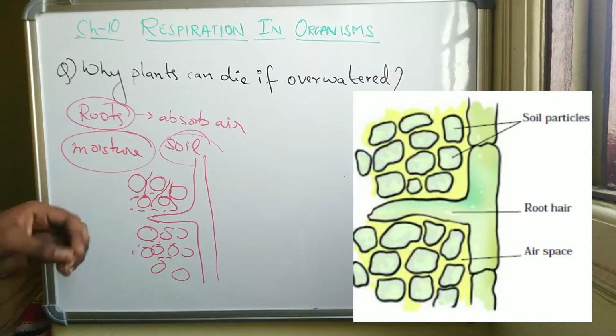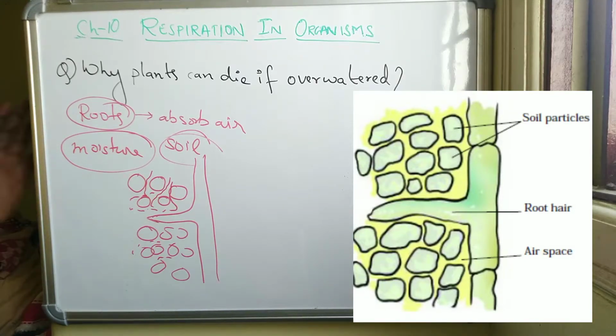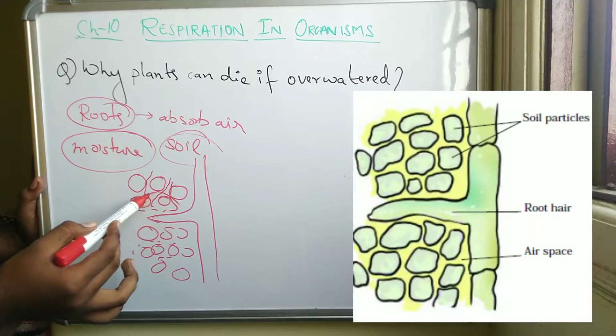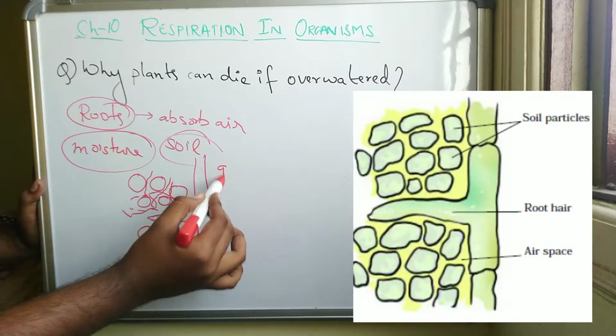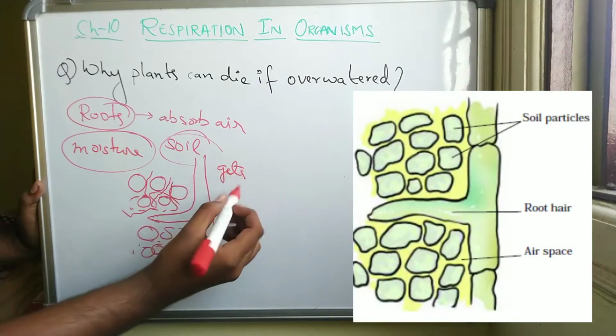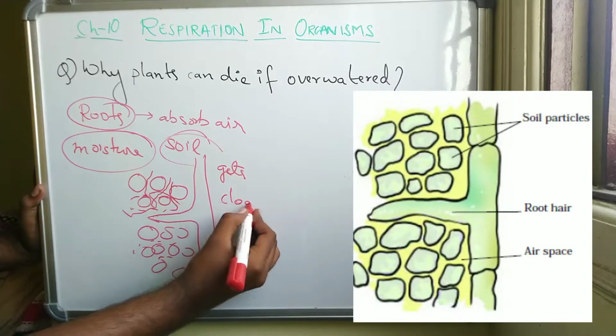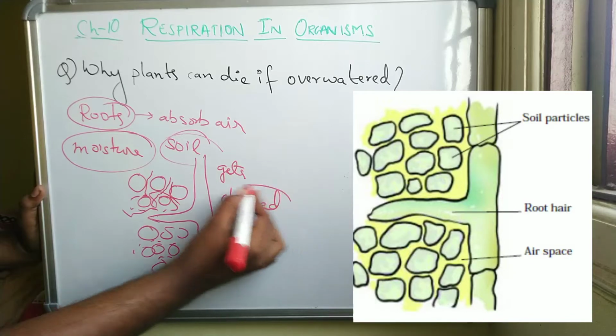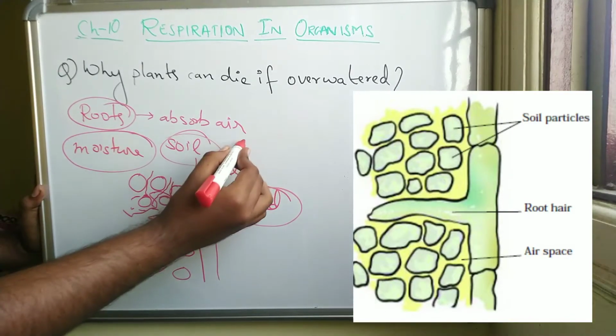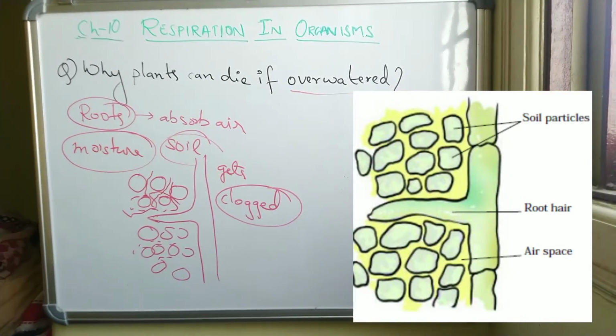If we overwater the plants, the spaces between the soil particles get clogged. Why does this happen?